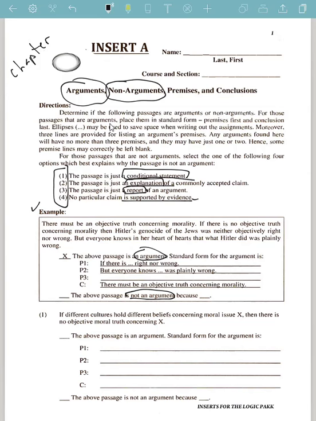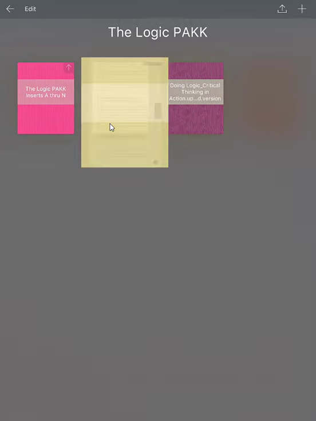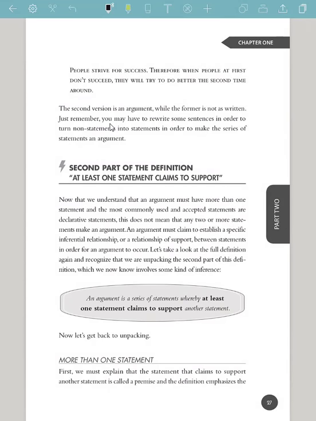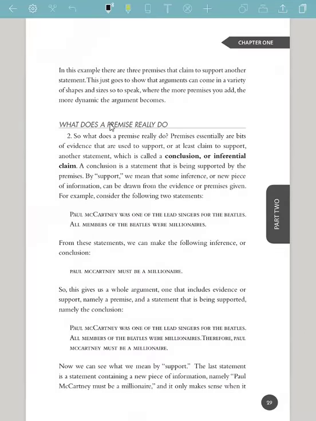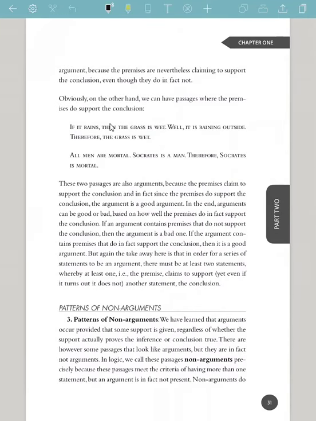But on that note, there are also other non-argument patterns that extend beyond this particular assignment, so these may help you too as you go through this. Insert A isn't going to recognize them. If you go to your textbook, I believe page 31, you'll see patterns of non-arguments.